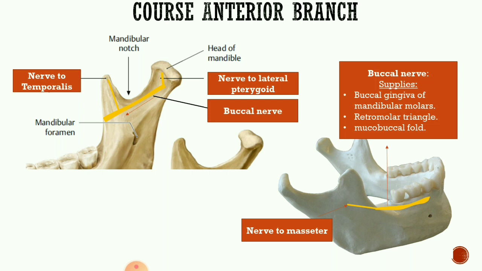So this nerve is called the buccal nerve. So this is the entire course of the anterior branch, in which we have buccal nerve, then nerve to lateral pterygoid, nerve to temporalis and nerve to masseter. So the buccal nerve and the three muscles of mastication except medial pterygoid fall under the anterior branch.